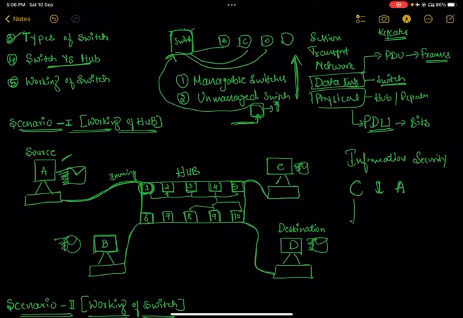C stands for confidentiality, this stands for integrity, and this stands for availability, right?